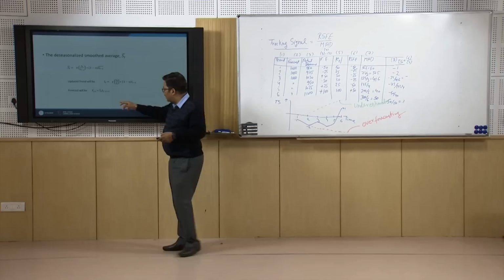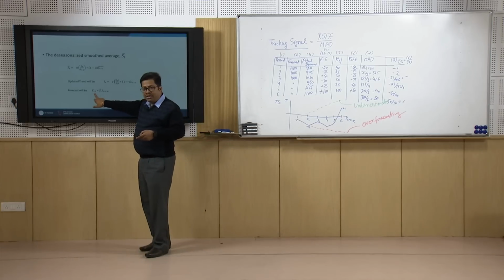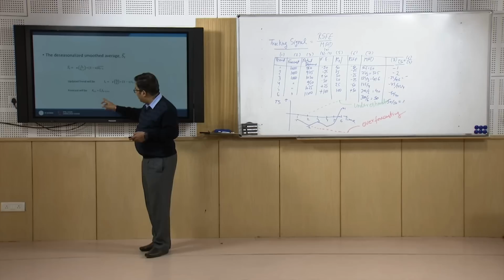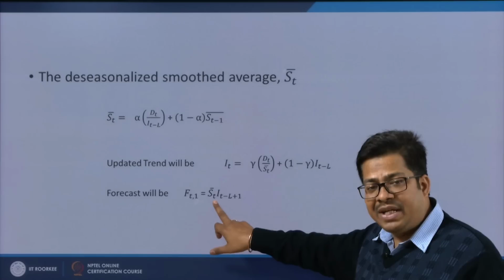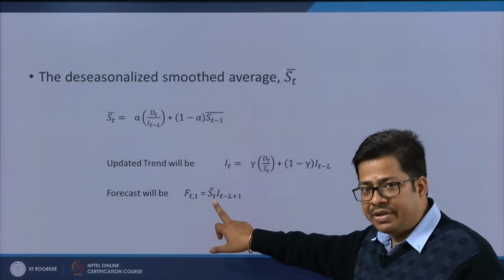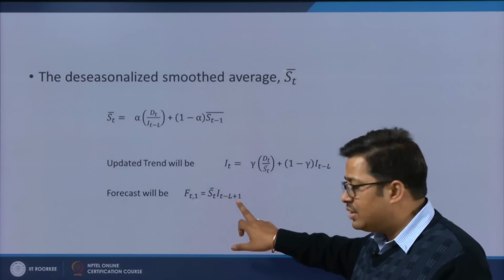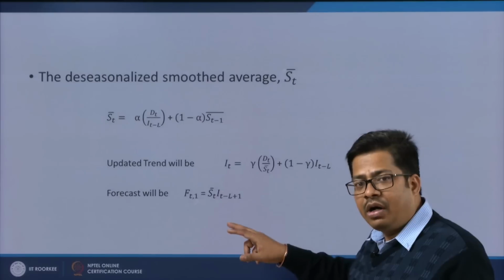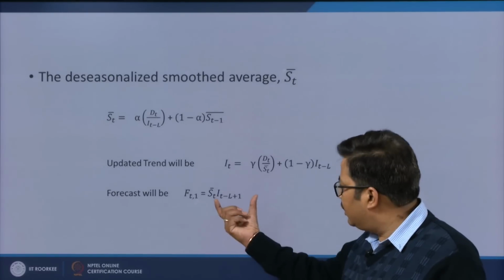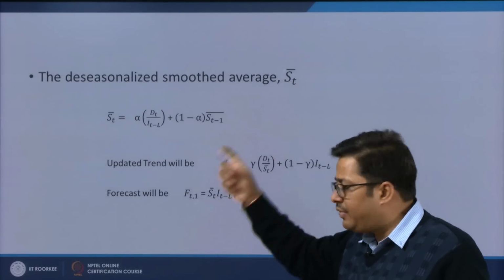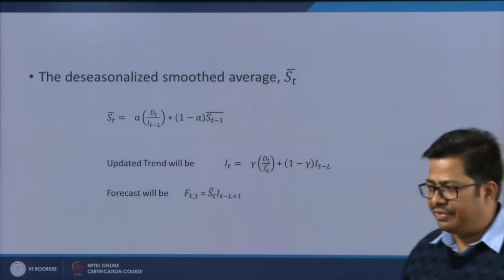So, for forecasting August 2017, I am going to use the base value of July 2017 and the seasonal index of August 2016, and their multiplication will give me the forecast of August 2017.